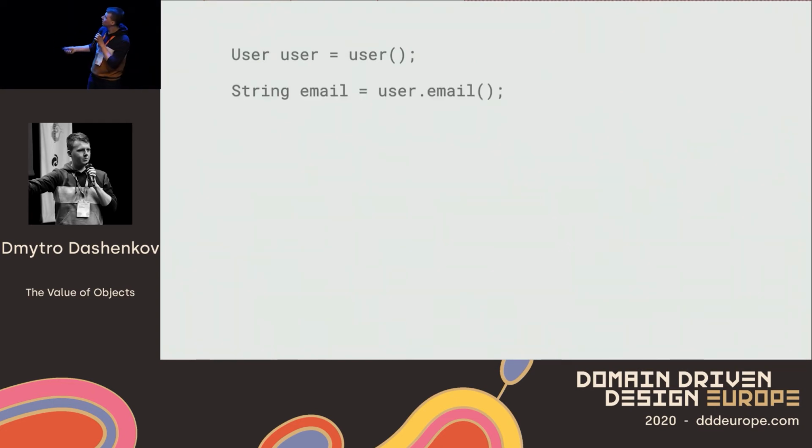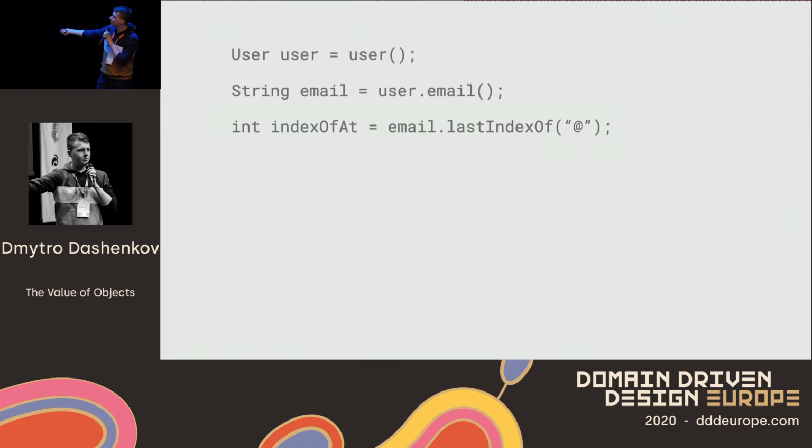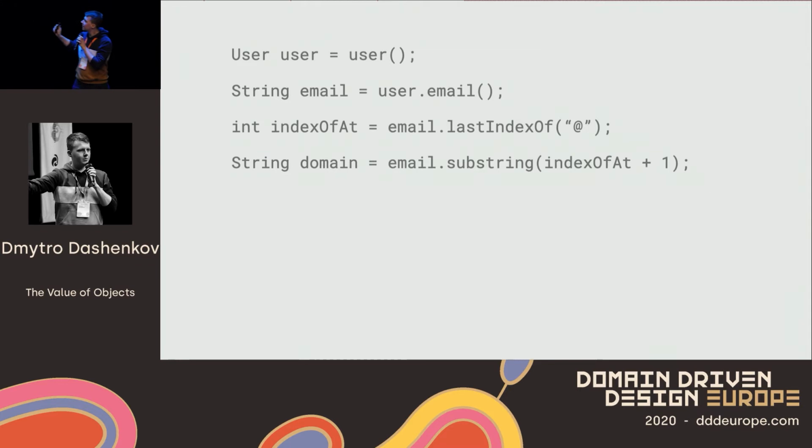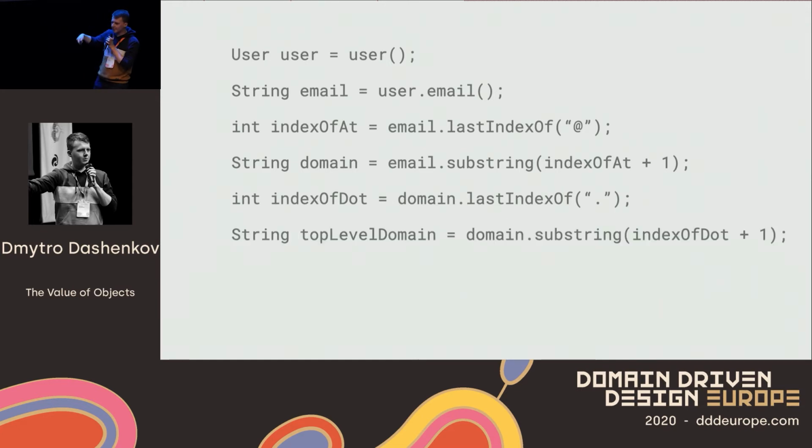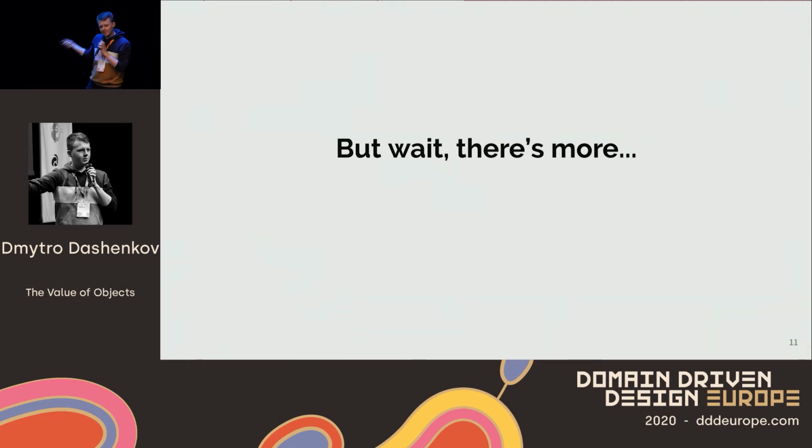We take the user, take their string which represents an email, take the index of the @ sign, take the domain name part, then take another index and take the top-level domain name part. This looks very scary to me. This is not the only problem as well.